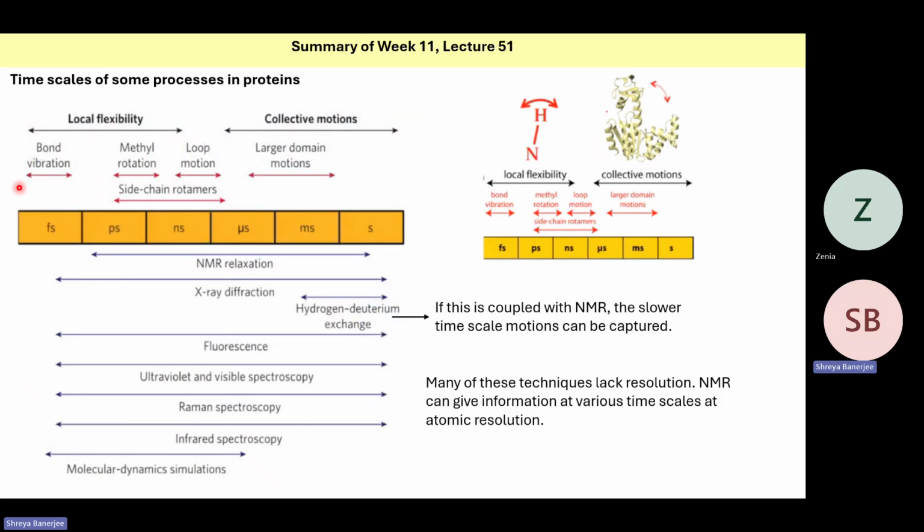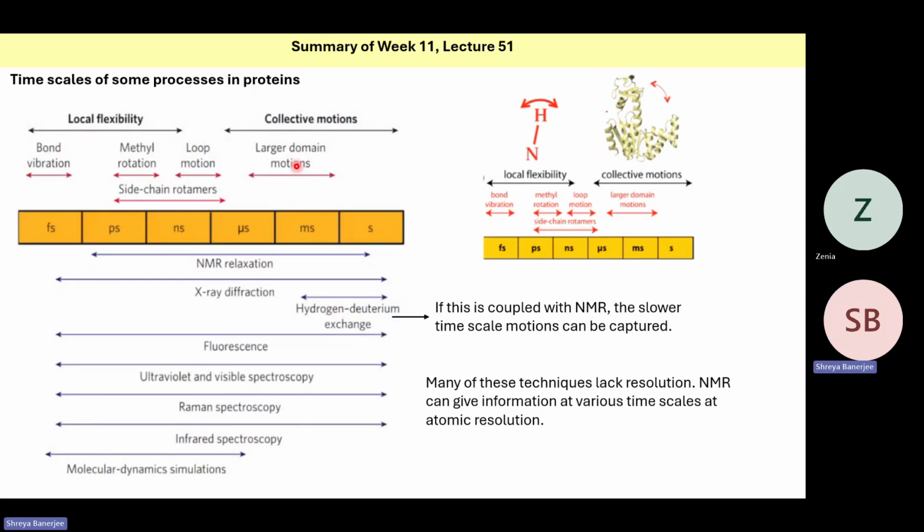The local motions occur at lower time scales like femtosecond, picosecond, whereas the larger domain motions occur from millisecond to second time scale. And there are different methods to study the different motions in the protein. NMR spectroscopy can study anywhere from second to picosecond range motions. And you will be able to identify most of the motions using NMR spectroscopy, except some bond vibrations, which can be studied using IR.